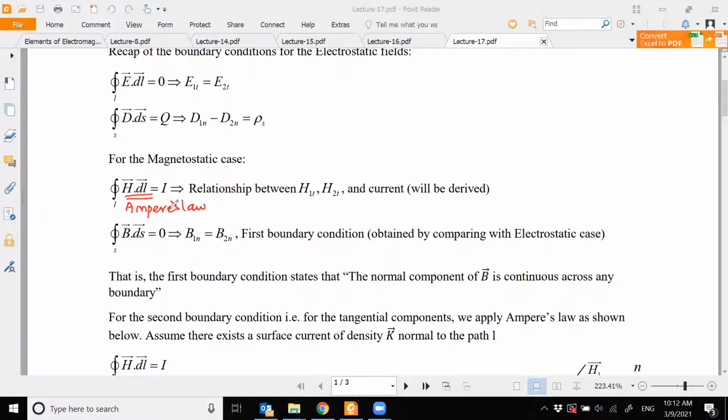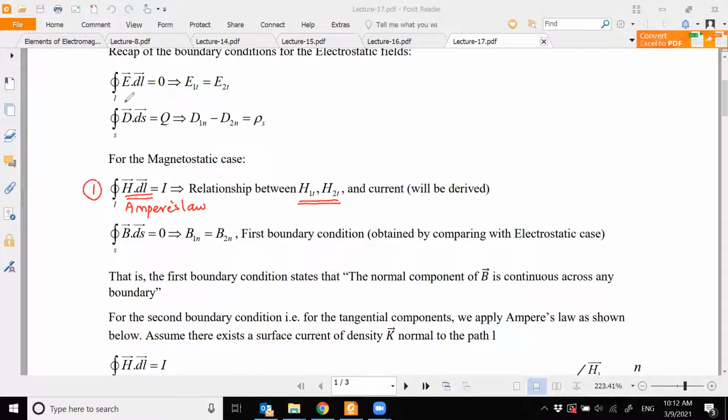Ampere's law, which is the closed line integral of H bar dot dl bar is the current enclosed. And from here, we can derive the relationship between the tangential component of the magnetic field. Okay, so this we are going to do here.